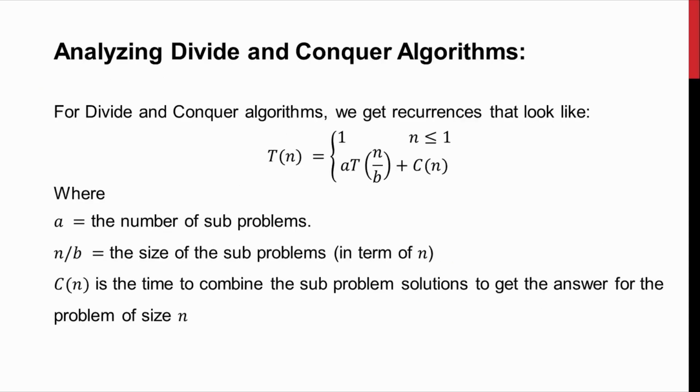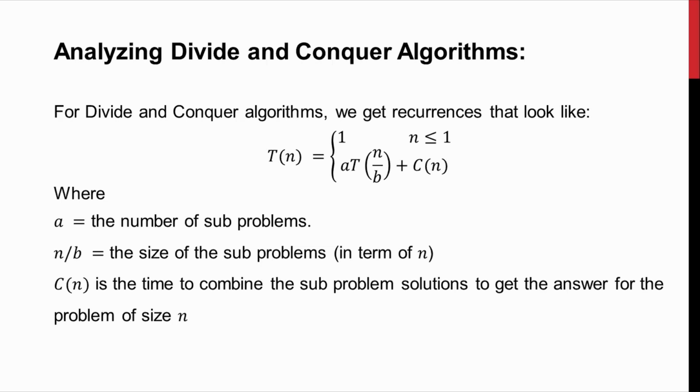The computational complexity of a divide and conquer algorithm can be estimated by using a mathematical formula known as a recurrence relation. If we have a problem of size n, then suppose the recursive algorithm divides the problem into a sub-problems, each of size n by b.